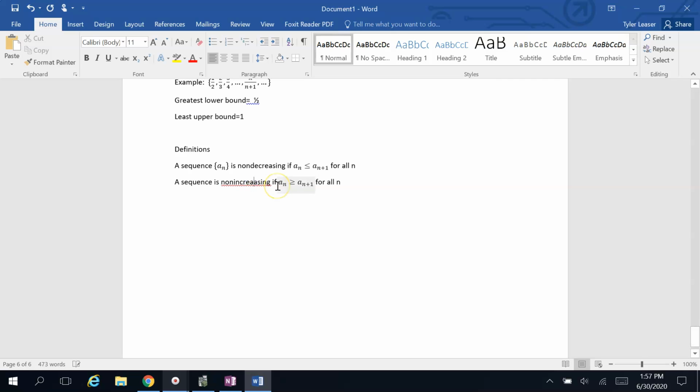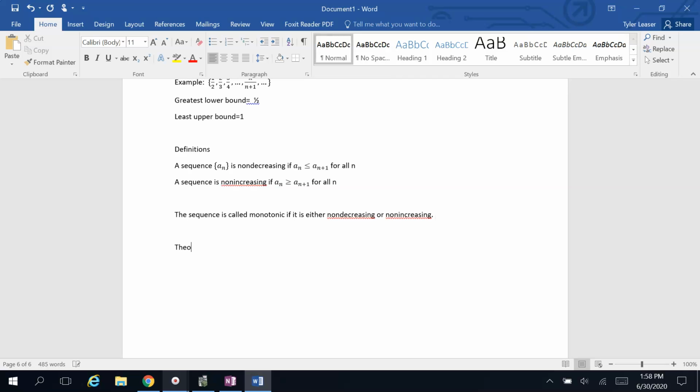Non-increasing if my sequence values are either staying constant or they're going down. The sequence is called monotonic if it is either non-decreasing or non-increasing.